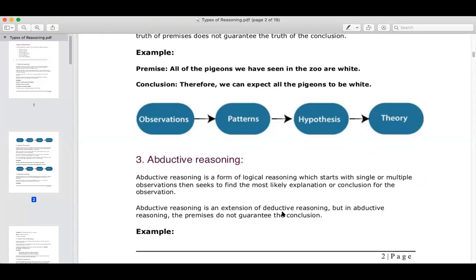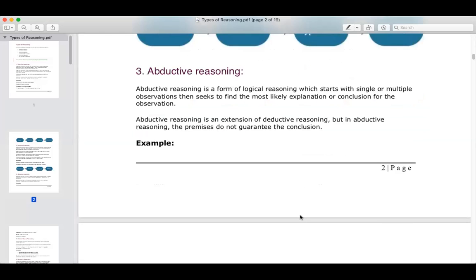Okay, abductive में, it is a form of logical reasoning which starts with single or multiple observations and then seeks to find the most likely explanation, यानी जो explanation ज़्यादा convincing होता है, and conclusion for the observation. Okay, so the abductive reasoning, it is an extension of deductive reasoning, but in abductive reasoning the premises do not guarantee the conclusion. Okay, the fact premises जो है.